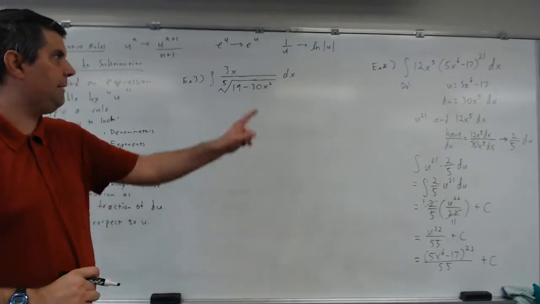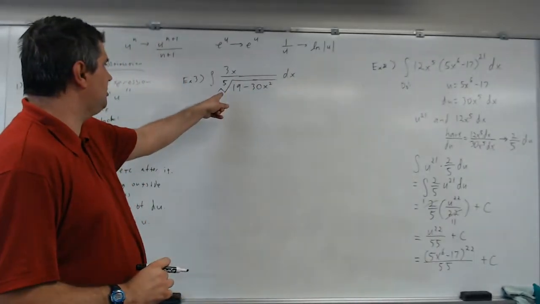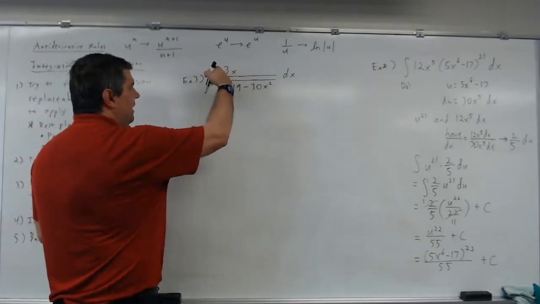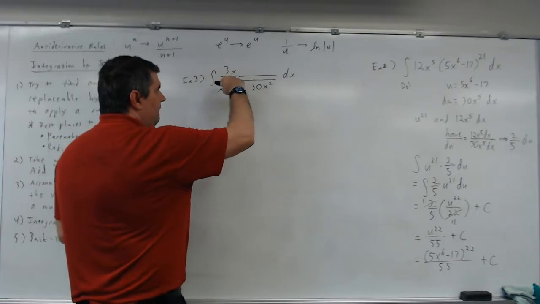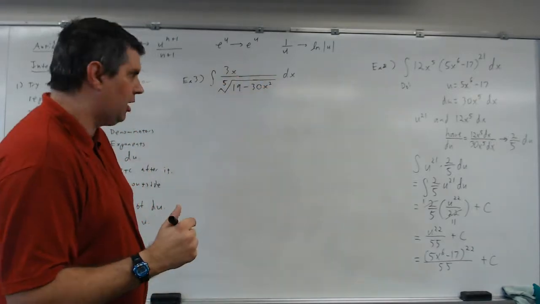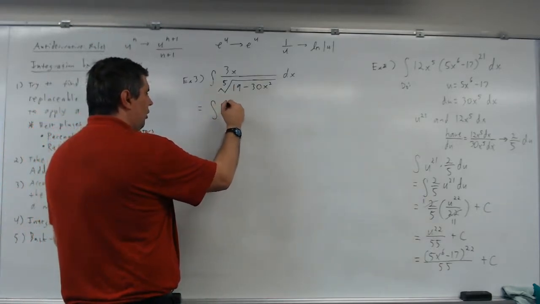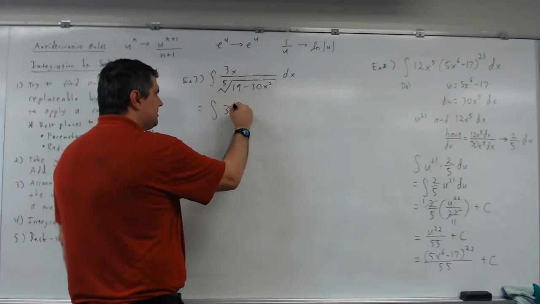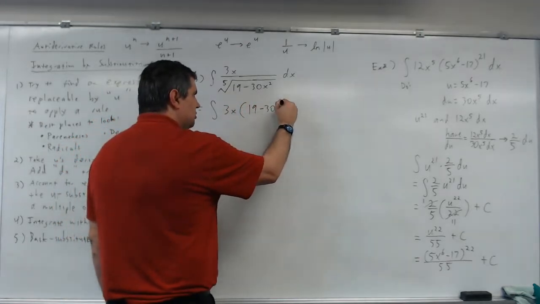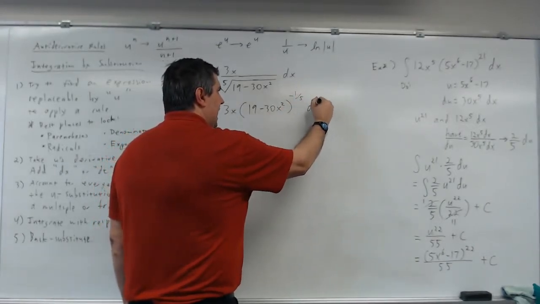Okay, I kept the previous example 2, and now I'm going to switch over to example 3 over here. Now I have the integral of 3x over the fifth root of 19 minus 30x squared. This could be rewritten as the integral of 3x times (19 minus 30x squared) to the negative 1/5 power dx.